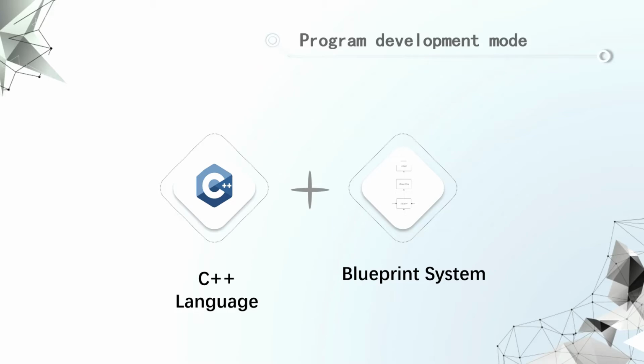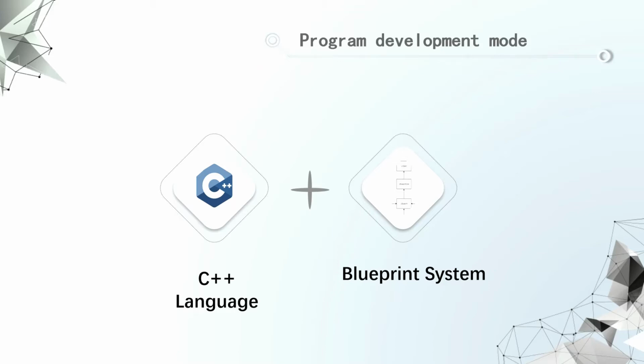This was originally intended to facilitate people who do not have a code foundation, such as some special effect artists or modelers. They are able to create simple functions. But now in the blueprint system, some of the functions are also very helpful to programmers.